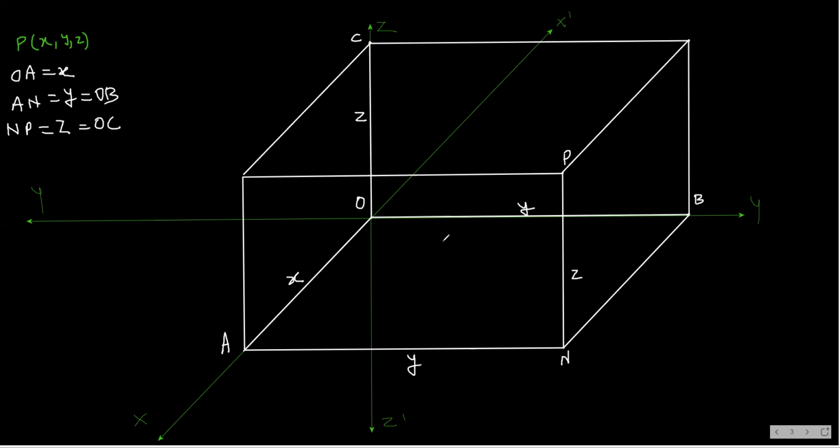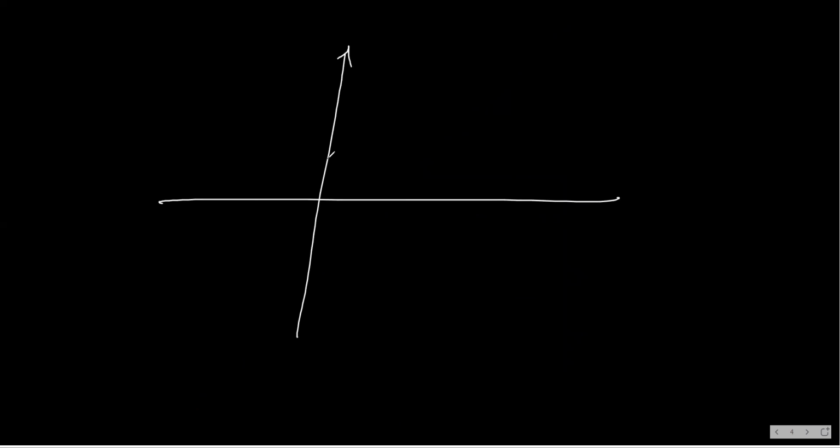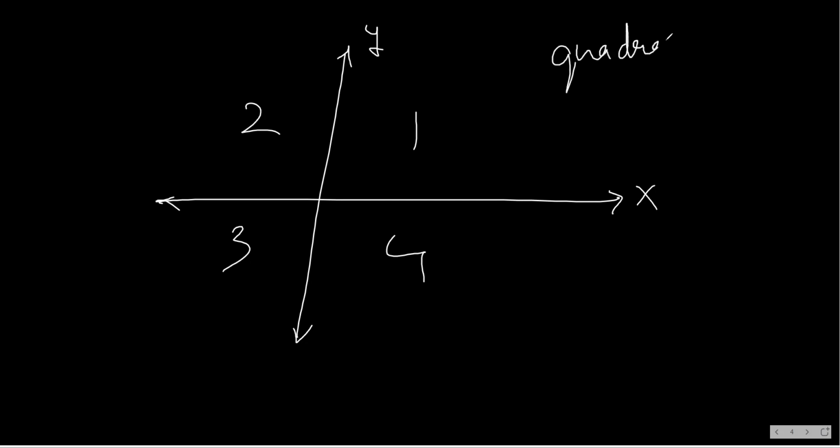There are a total of 8 compartments. Try to understand this. When you have the x-axis and y-axis in a 2D plane, then you have 4 quadrants: first, second, third, fourth. The prefix QUA stands for fourth, 4, like you say quarter, that is 1/4.